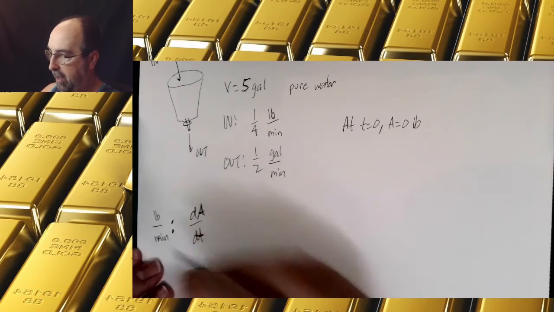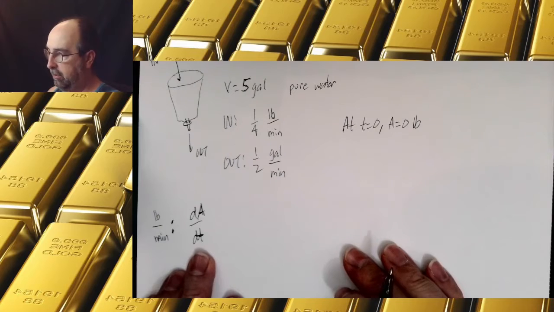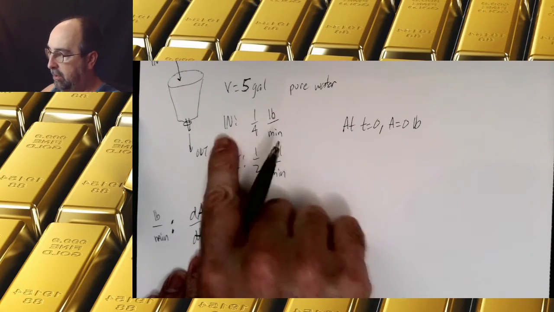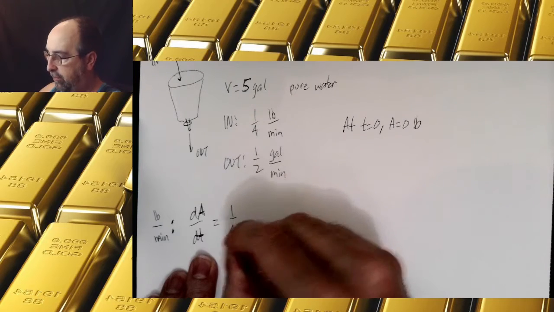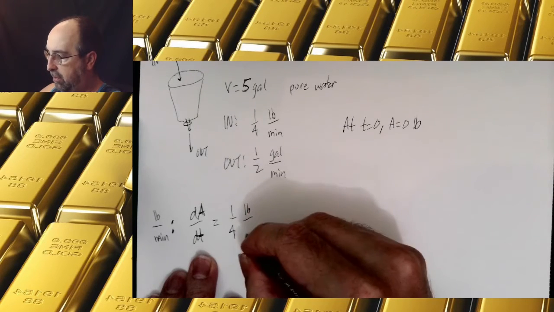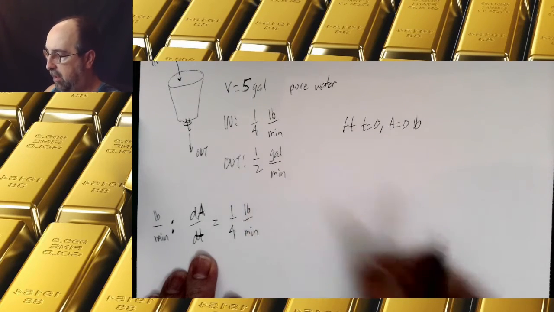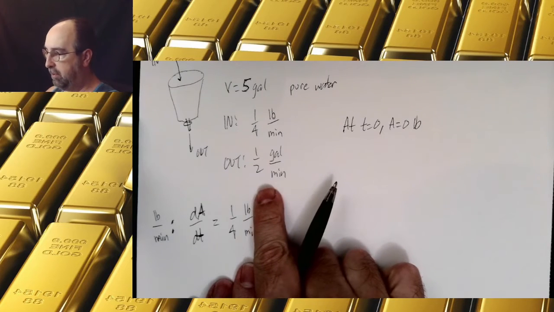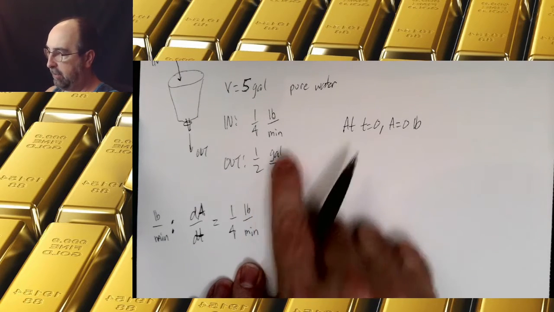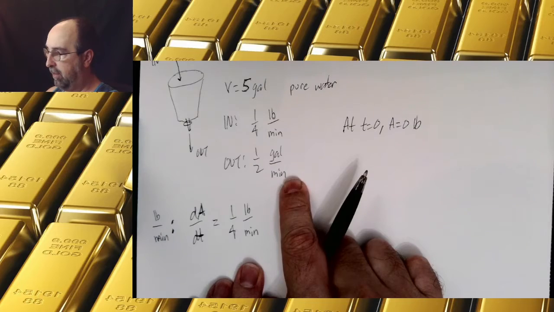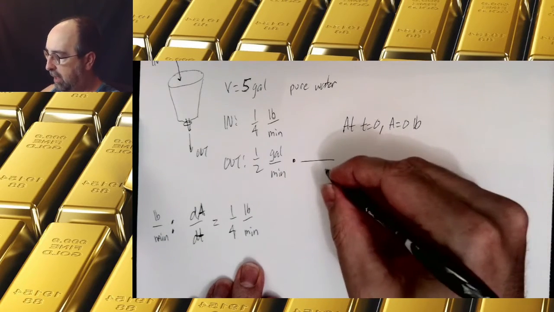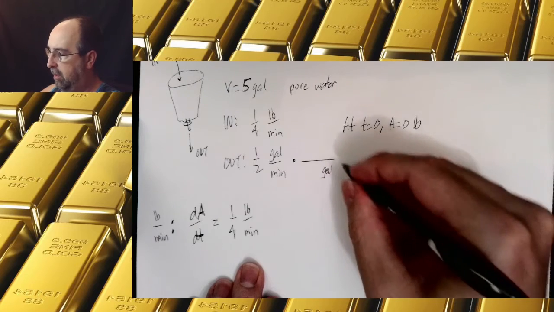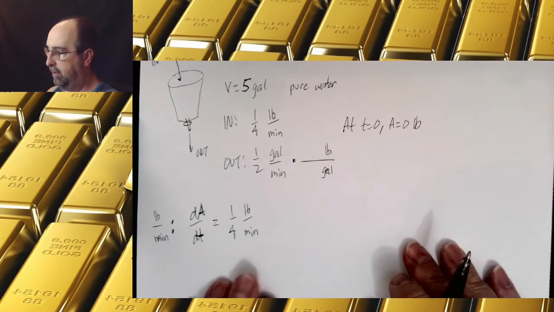Pounds per minute for everything so we can keep track of our units. So we do have pounds per minute going in, 1/4 of a pound per minute, but we do not have pounds per minute coming out. We have gallons per minute coming out. So what we can do is set up a conversion here so that we can cancel gallons and get pounds.